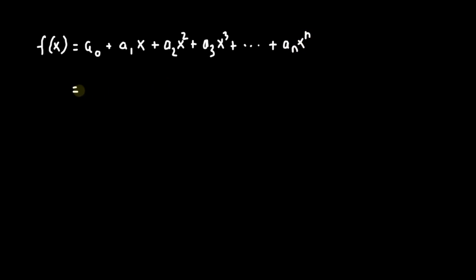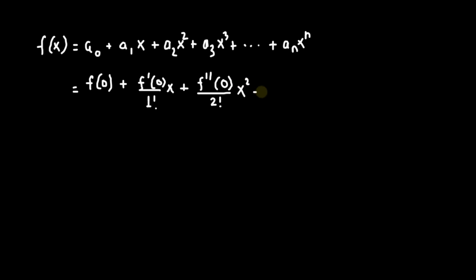Now we're going to replace these by the respective function and derivative values. So this is equal to f of 0 plus a1, which was the first derivative of the function calculated at 0 divided by 1 factorial times x. A2 was the second derivative of function f calculated at x equals 0 divided by 2 factorial times x squared.